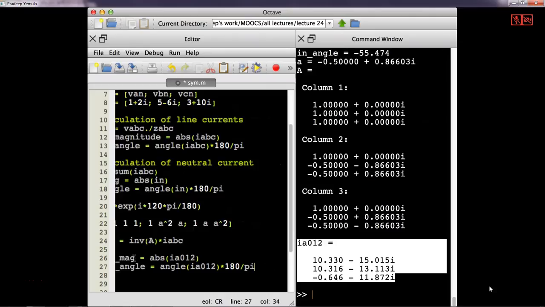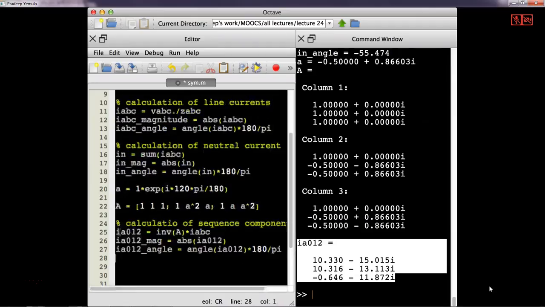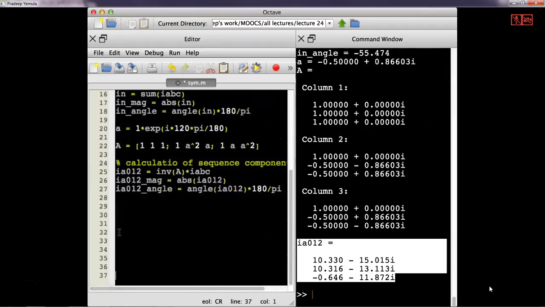Again, it's a very simple code. This is the calculation of sequence components. I hope you are following this.